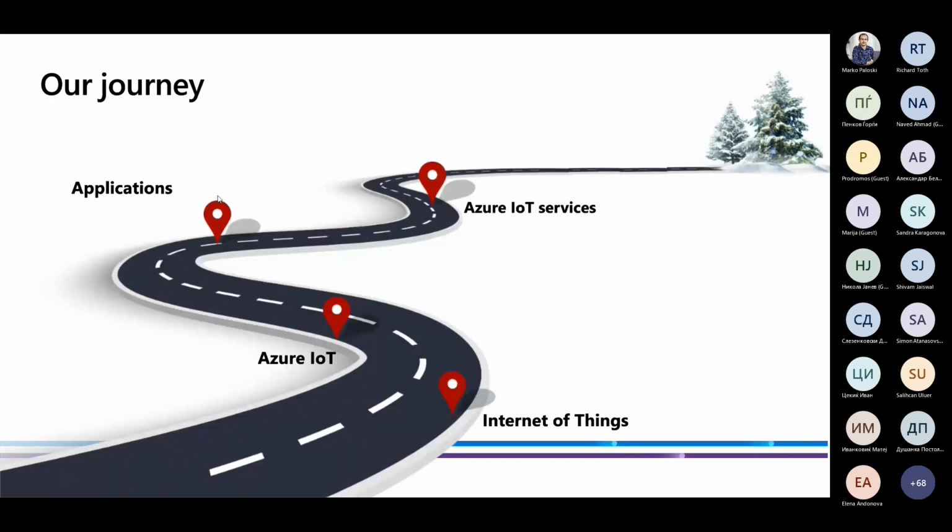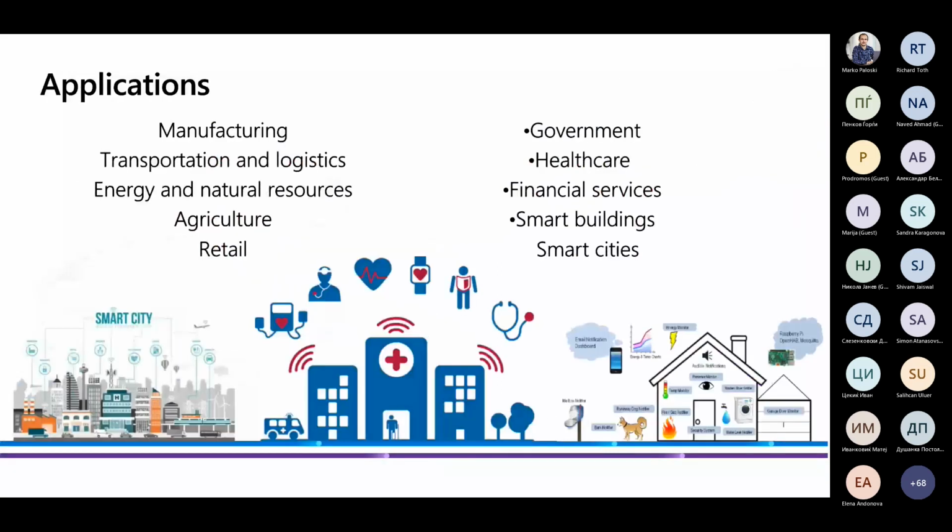So let's go to see now some applications. Many industries can benefit by innovating with IoT. Examples of industries include manufacturing, transportation and logistics, energy and natural resources, agriculture, retail, government, healthcare, finance and services, smart buildings and smart cities.